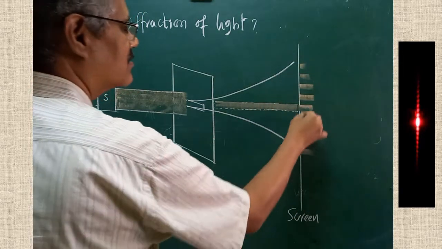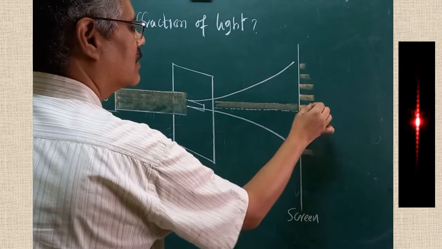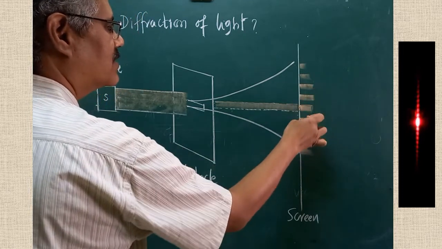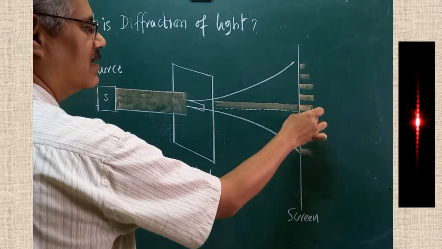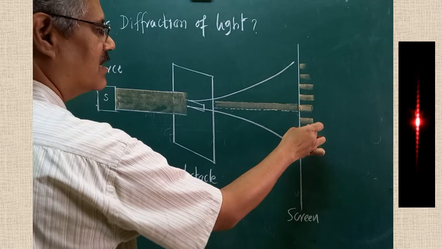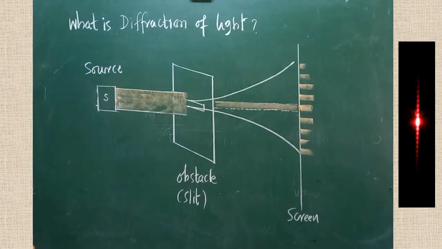But among all these maxima, the central maxima will be the brightest one. These two maxima will have the same intensity. If you go to the second maxima, compared to the first maxima, the intensity of the second maxima will be lesser than the first maxima.